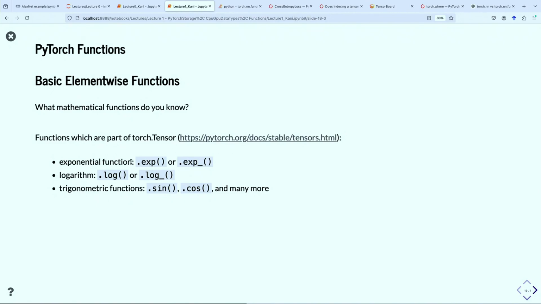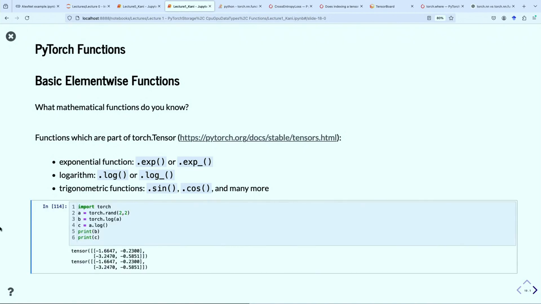The only real difference is that for several functions, we have an underscore that does in-place computations, whereas exp returns a new tensor. So remember what this underscore means. You also have trigonometric functions and all the other standard functions.